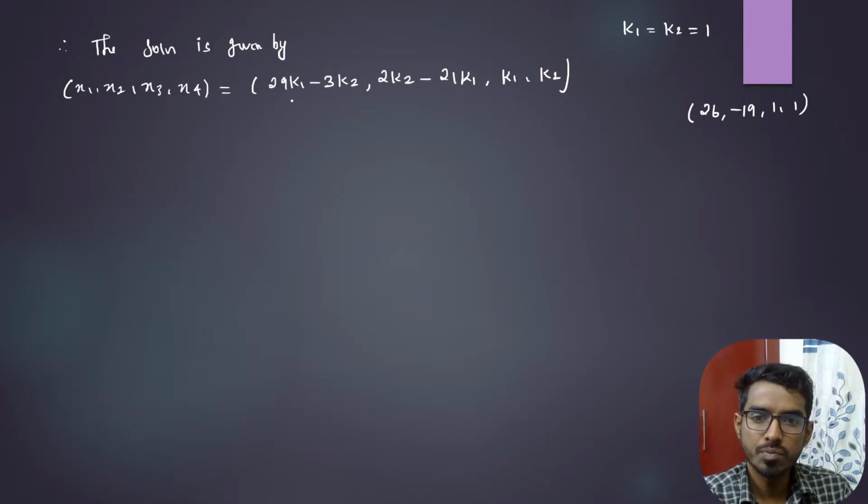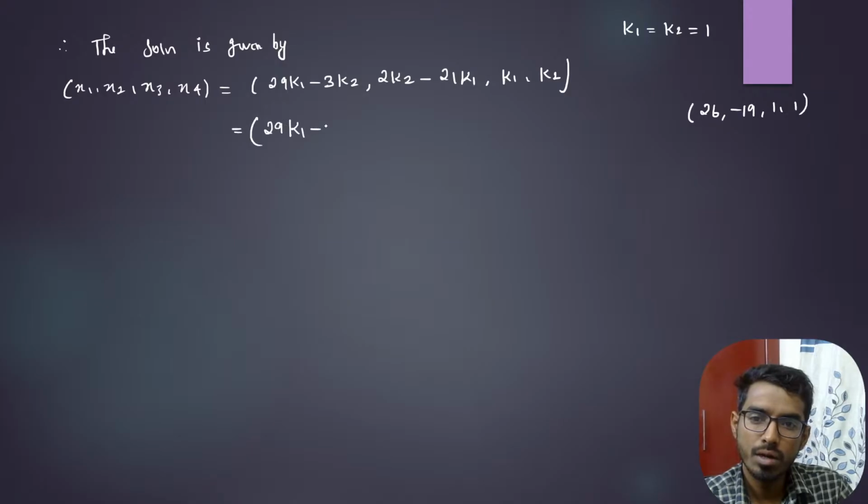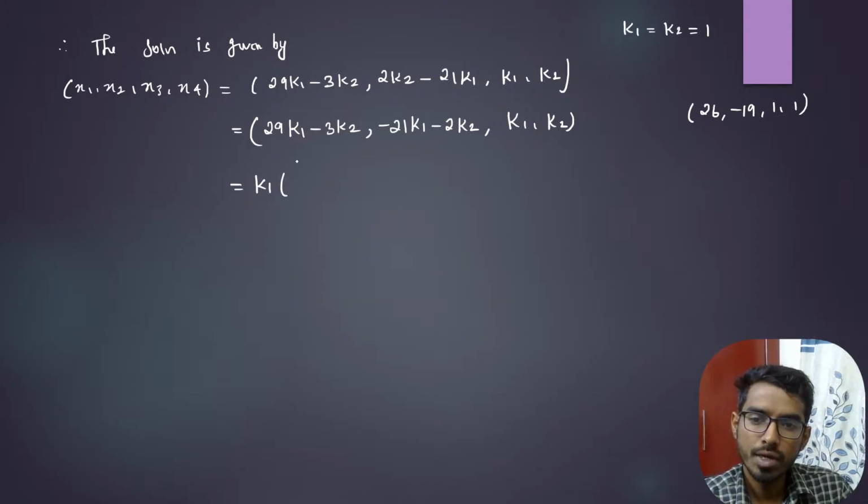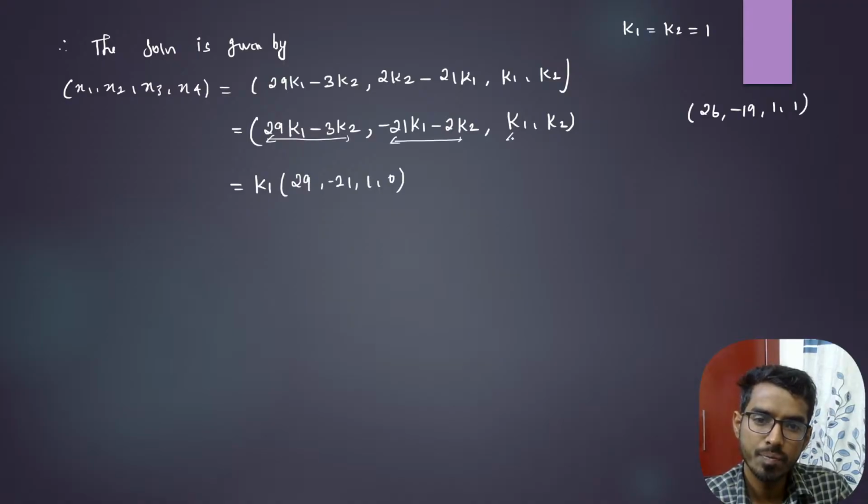Now you can see this is a solution space, right? Now I can reorder it as 29k1 minus 3k2, 2k2 minus 21k1, and k1 comma k2. I just rearranged k1 and k2. Now if I take k1 outside, what will you have? This is 29, this is minus 21, 1, 0, because you just collect all those k1 terms from here.